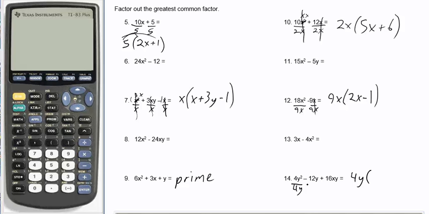So 4y, 4y. So 4 divided by 4 is 1. We take away one of the y's. Negative 12 divided by 4 is negative 3. And the y goes away. And then 16 divided by 4 is 4. The y's go away, but the x stays.